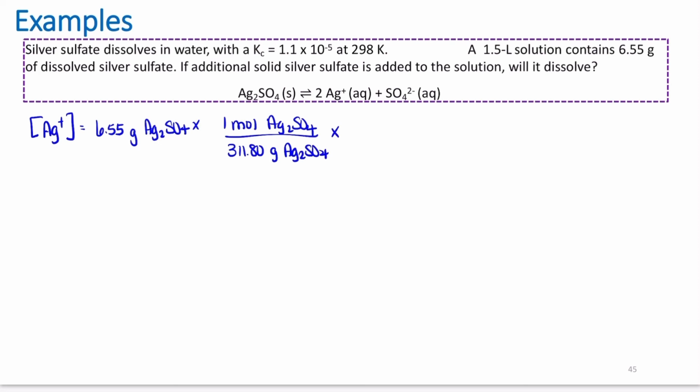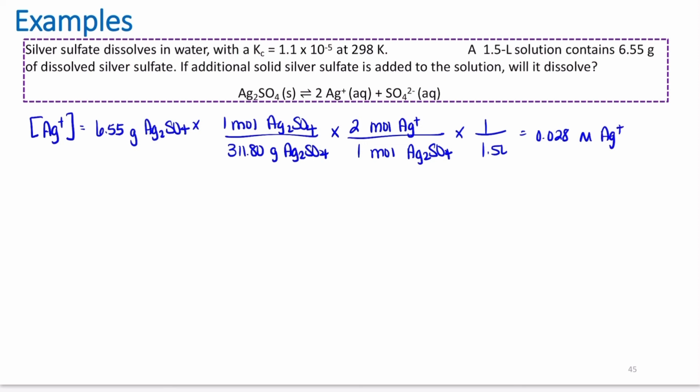And I want concentration of silver, not per se concentration of silver sulfate. There's 2 moles of silver ion for every 1 mole of silver sulfate. This will give me moles. I really need concentration because I'm dealing with an ICE table here. So dividing by 1.5 liters gives me 0.028 molar silver ions.